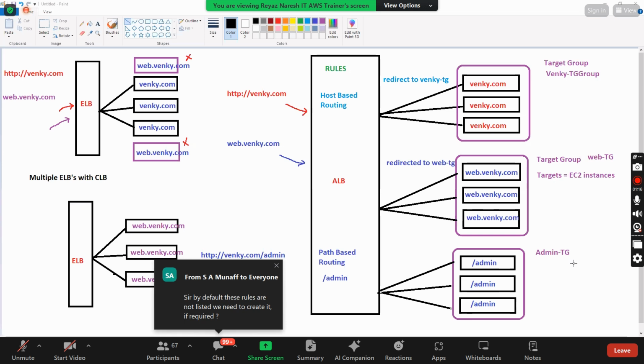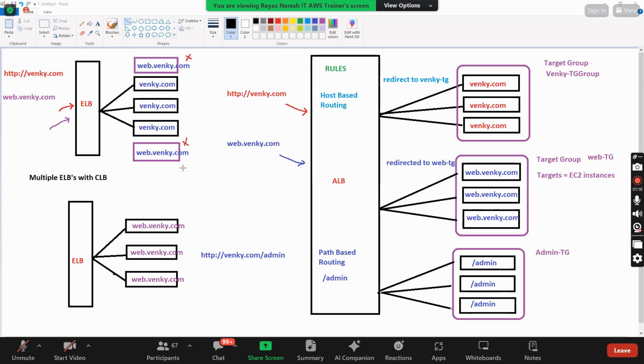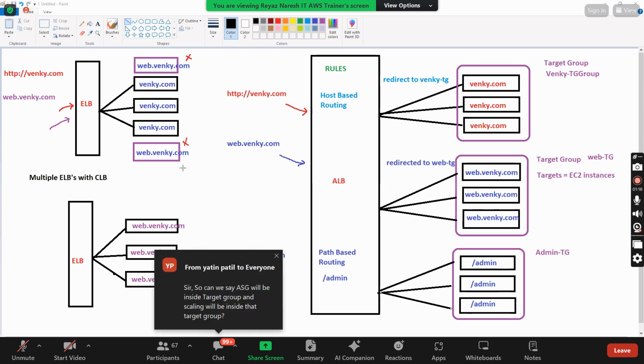We need to create the rules. Is it clear? With one load balancer, with different target groups, you can have different websites like this. That is the powerful application load balancer.